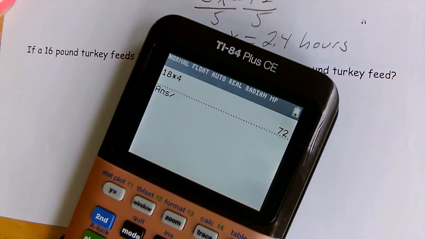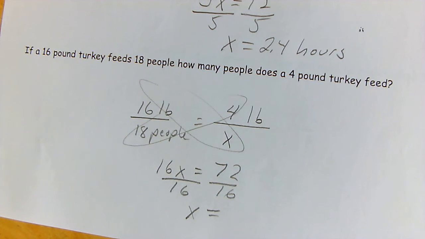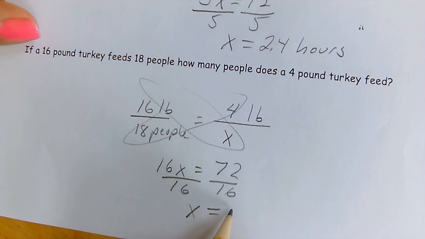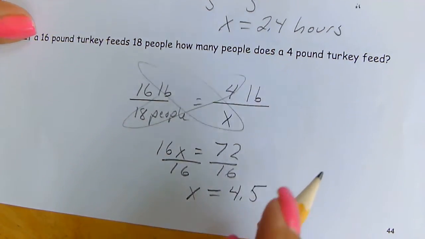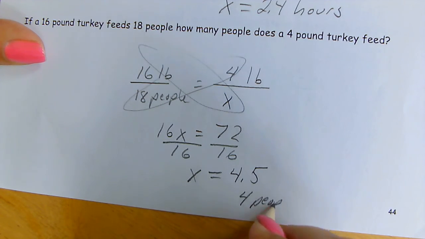Divided by 16. 4.5, so we'll say 4 people, because we can't have half a person.